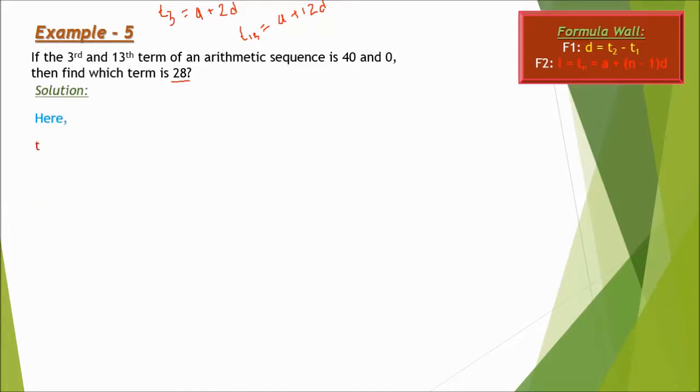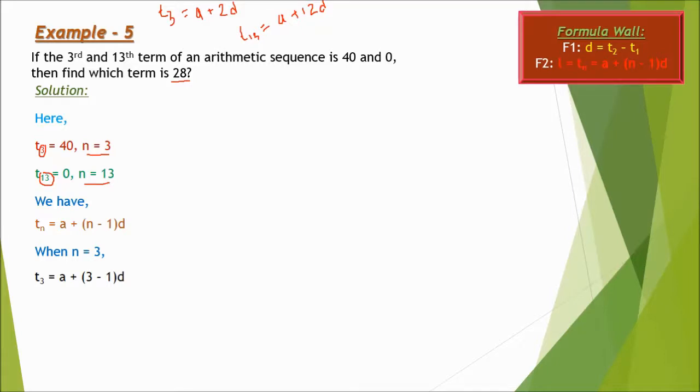Solution here, T3 means the value of n is 3, and T3 is 40. And T13 is equal to 0, and then n is equal to 13. We have the formula for the general term. Tn is equal to a plus n minus 1 d. When n is equal to 3, n is replaced by 3, a plus 3 minus 1 d, which is equal to the value of T3.